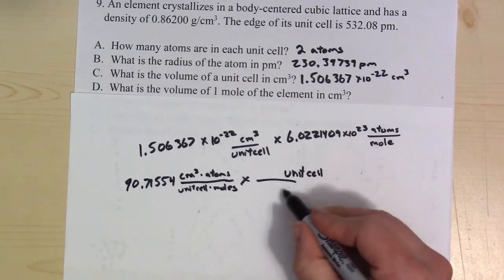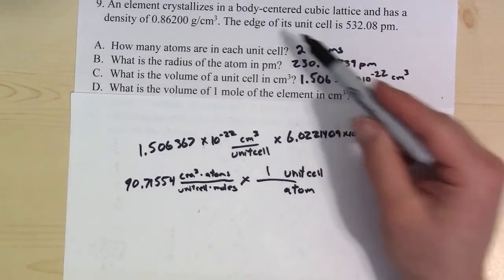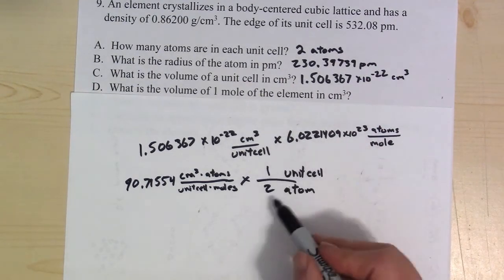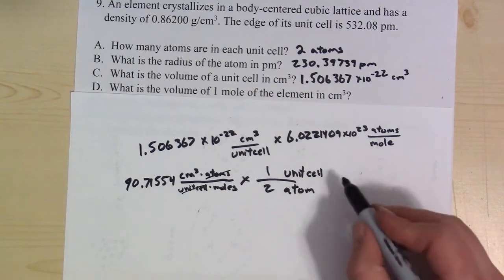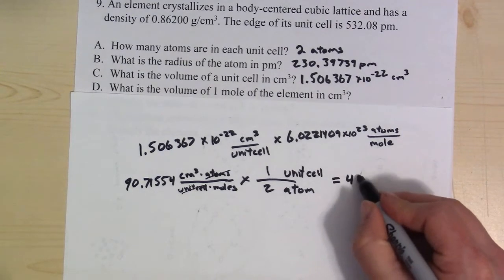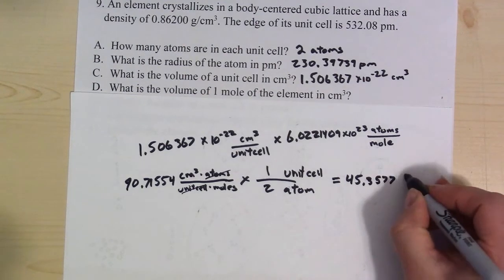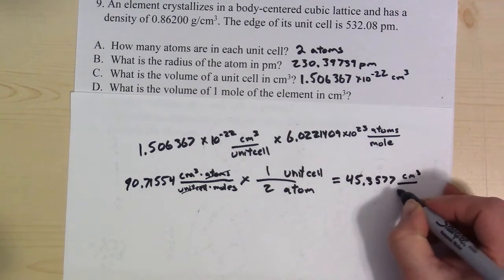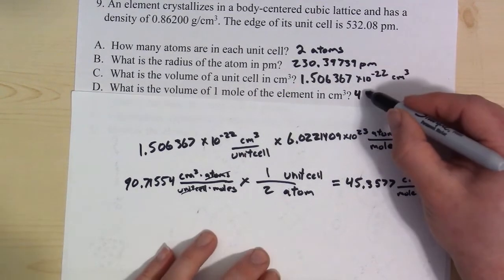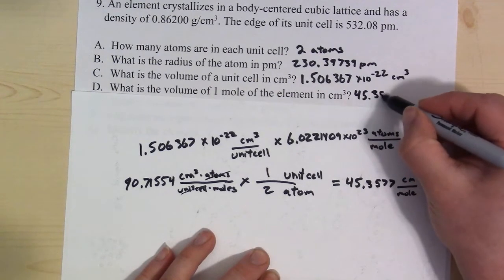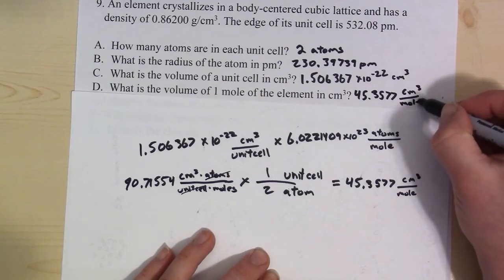So unit cell over atoms. In 1 unit cell for the body-centered cubic, there are 2 atoms, so we're going to divide this number by 2. That'll cancel those 2 units, and that'll give us 45.3577 cubic centimeters per mole. So that is for part D, 45.3577 cubic centimeters per mole.